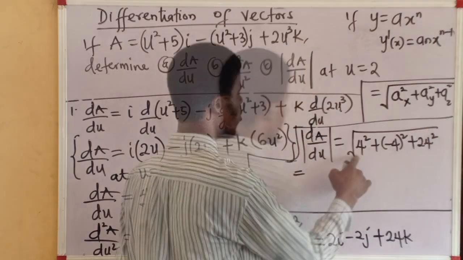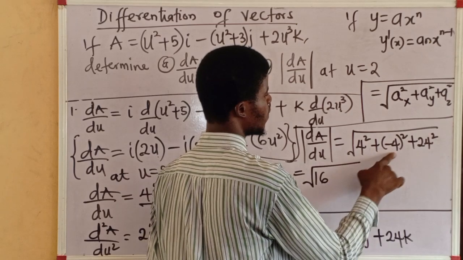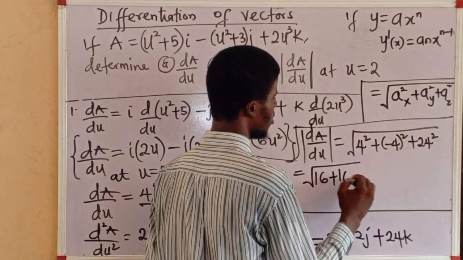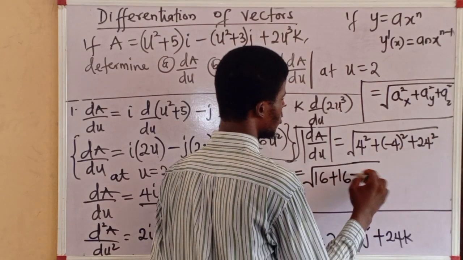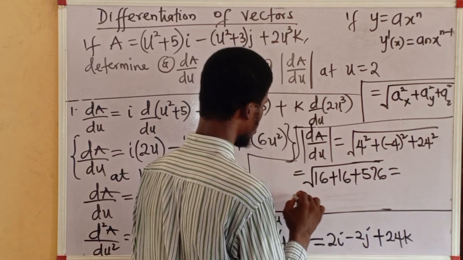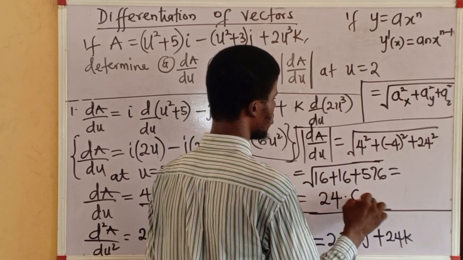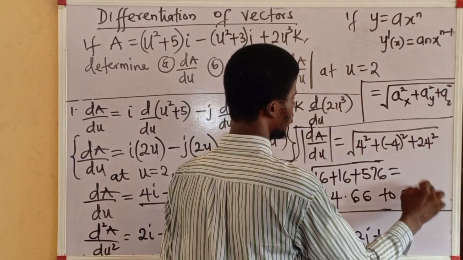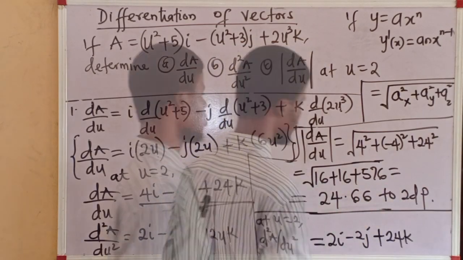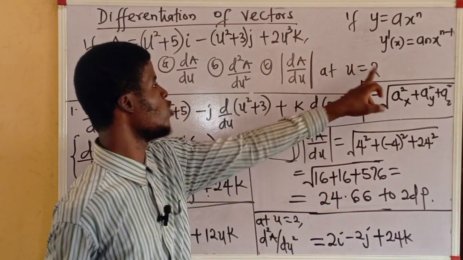And what would this be? 4 squared is 16, minus 4 all squared is still 16, 24 squared is 576. So if we evaluate the square root, we have, to 2 decimal places, 24.66. So this gives us the absolute value of dA/du at u equal to 2.